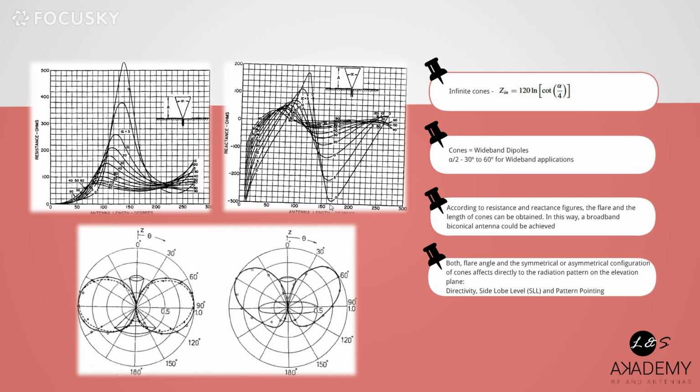So here we go to the reactance figure, 160 over here, and then let's find the 90. There we go, 90 is over there. And as you can see here, if we select this graph, these dimensions, we obtain a zero reactance effect, which is what we want, and we obtain a 50 ohm real part, which is actually what we want.